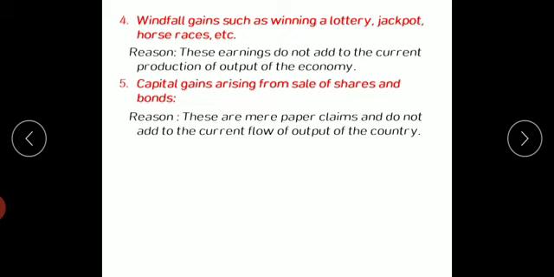That does not mean that it has added to the current flow of goods and services of the company. It is because of the reputation of the company that the value of the share is rising. These are mere paper claims and do not add to the current flow of output. This is the most important reason. So capital gains arising from the sale of shares and bonds will not be included.